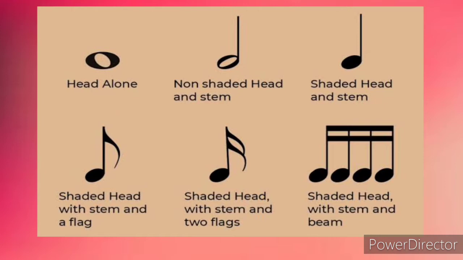Also in music, we have what we call beaming. Beaming is to connect the notes together. So if you look at the last one, which is the semiquaver, we have beamed it because it's now 4. Instead of writing 4 quavers or 4 semiquavers, just beam the notes together.